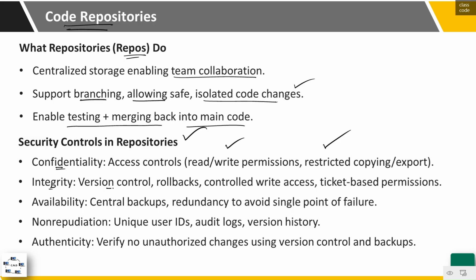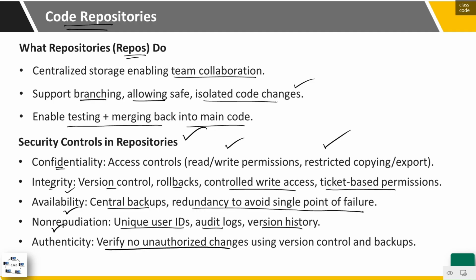Integrity can be done through version control, rollbacks, controlled write access, and ticket-based permissions. Availability can be ensured through central backups and redundancy to avoid single point of failure. Non-repudiation is through unique user IDs, audit logs, and version history, and authenticity can be done by verifying no unauthorized changes using version controls and backups.